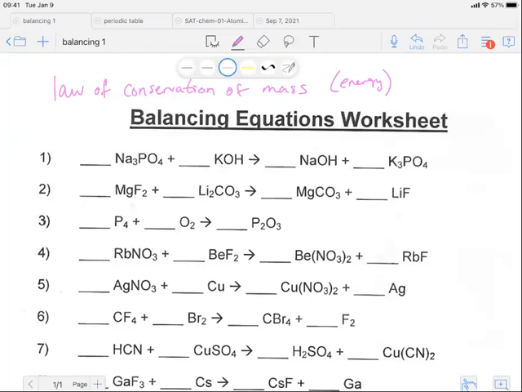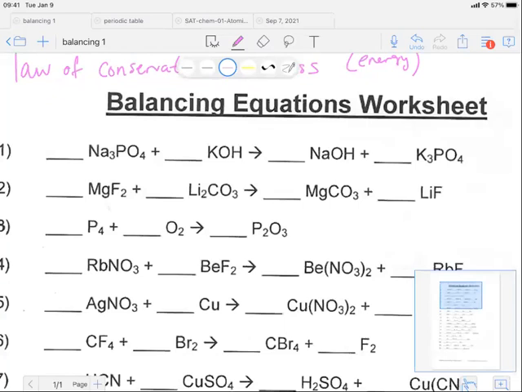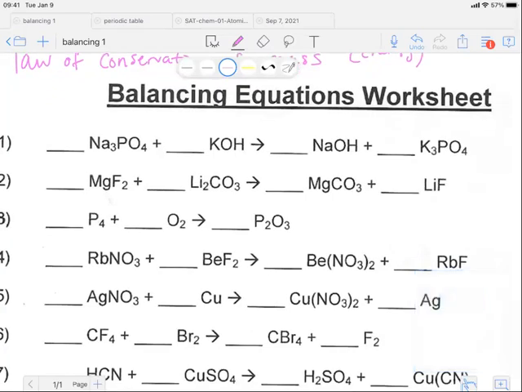So I have a bunch of equations here, and I'm going to do some examples, and I'll have you practice with some. And there are some rules, or pointers, or general advice, I guess, steps that you can follow to help make it easier for you. So the first thing is you're going to balance equations by what's called inspection, which basically means you're just going to look at it and see if you can match everything that's on the left-hand side with everything on the right-hand side.